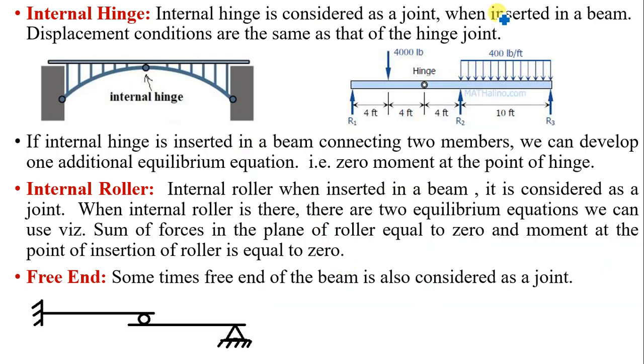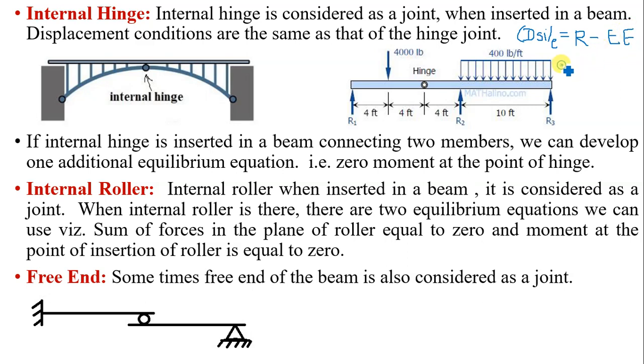Now here, I am talking about the external degree of indeterminacy, which is equal to R minus available equilibrium equations. Available equilibrium equations, I will write in short EE.